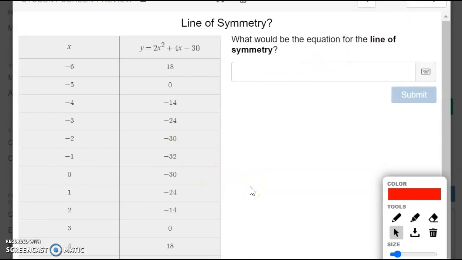We said that the vertex was -1, comma, -32. We know that the line of symmetry always goes through the vertex, and it's a vertical line. That means we are looking at the x coordinate, and that x coordinate is -1, so it's going to be x is equal to -1.